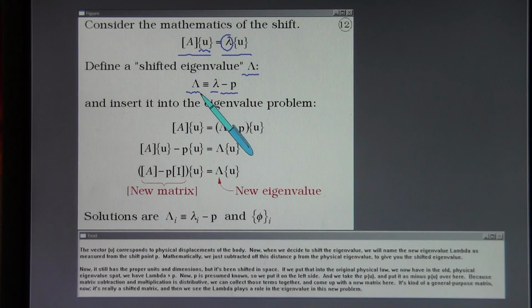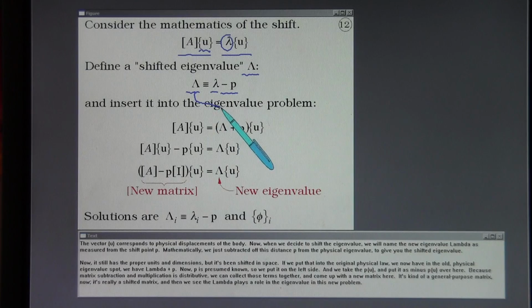Now, it still has the proper units and dimensions, but it's been shifted in space. If we put that into the original physical law, we now have, in the old physical eigenvalue spot, cap lambda plus p.